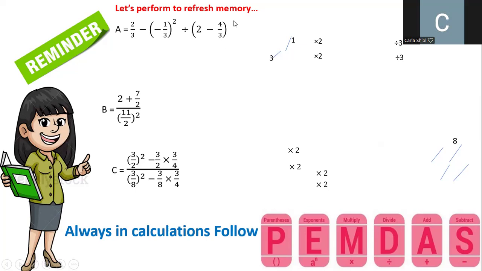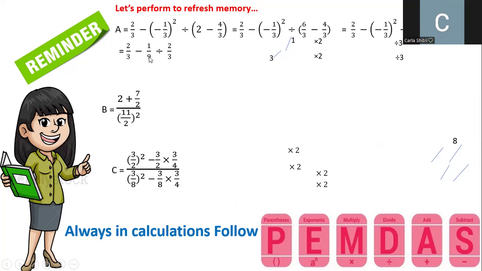Parentheses is the strongest, so I should start with the parentheses. I change them into like fractions, then I get the answer. Now I start with the exponent. The exponent 2 is even. Here I have minus, it is changed into plus, and the square is given for the 1 and for the 3. Now I have subtraction and division.